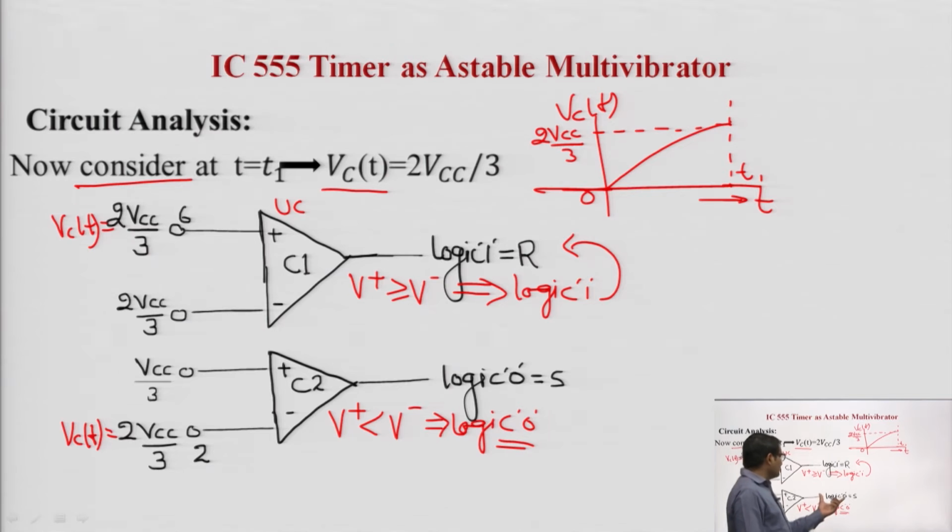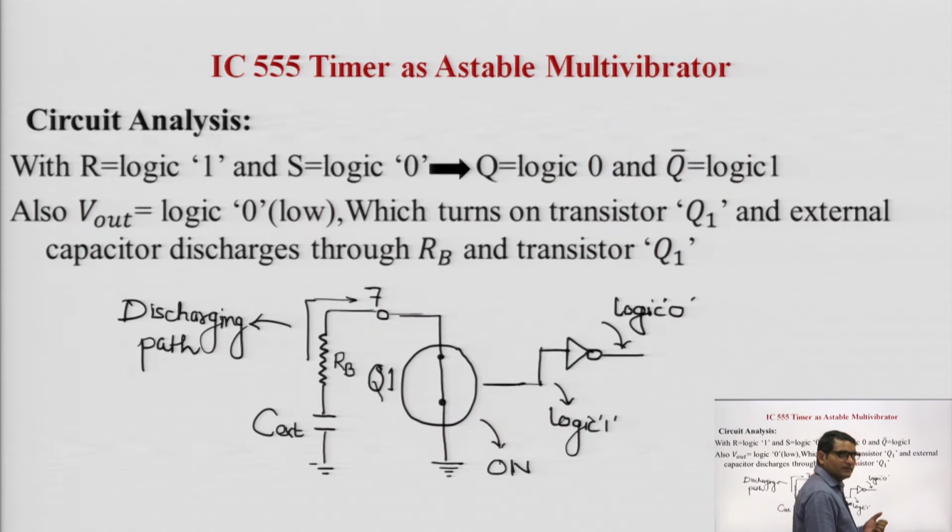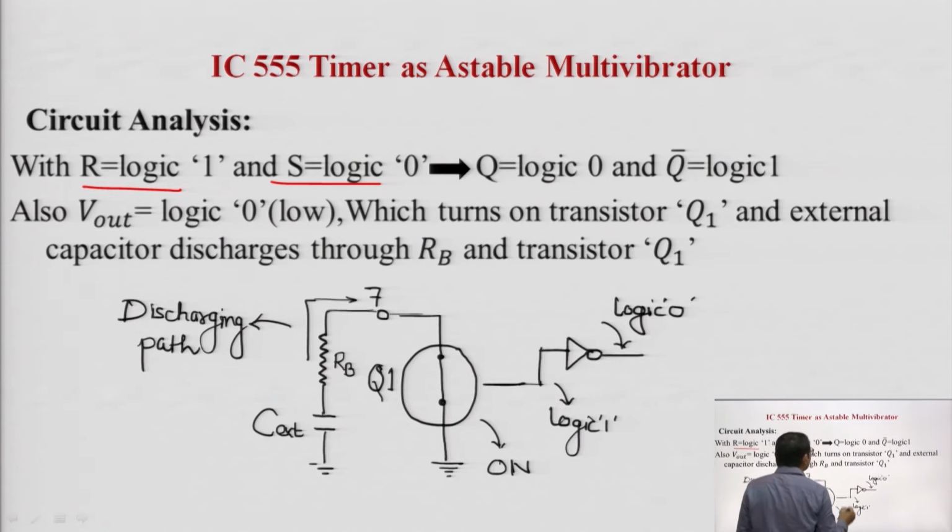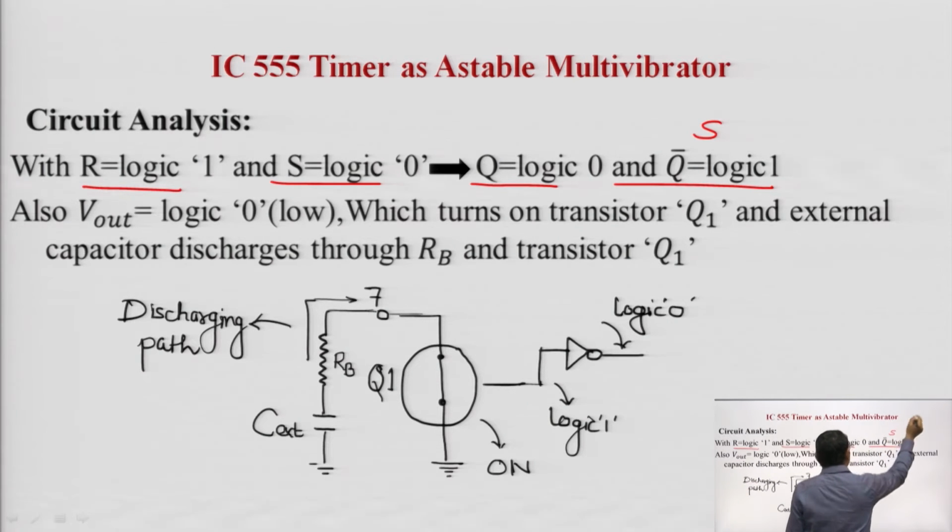So the S input of the flip flop is logic 0 and the R input is logic 1. With R equal to logic 1 and S equal to logic 0, Q equal to logic 0 and Q bar equal to logic 1, it goes to the reset state, not the set state.